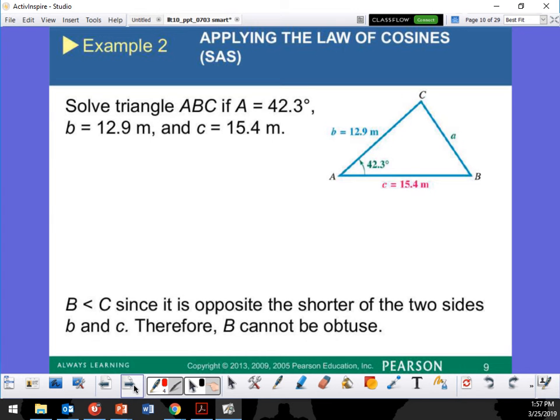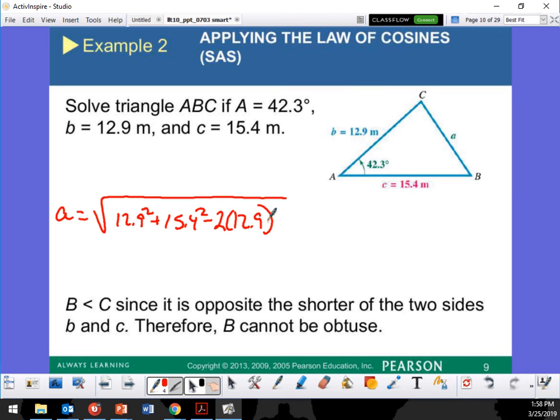So little a is equal to the square root of 12.9 squared plus 15.4 squared minus 2 times 12.9 times 15.4 times cosine of 42.3 degrees. That's 10.47.